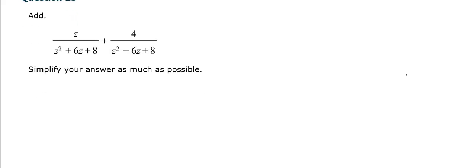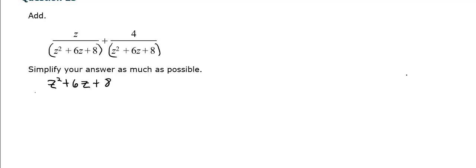Now, in some cases, we're going to need to factor. And so we're going to factor the denominators. They are the same, so we don't have to factor them initially, but we may need to factor them at the end to reduce. So we'll do that first. So both denominators are z squared plus 6z plus 8. So we have z over z squared plus 6z plus 8 plus 4 over z squared plus 6z plus 8.